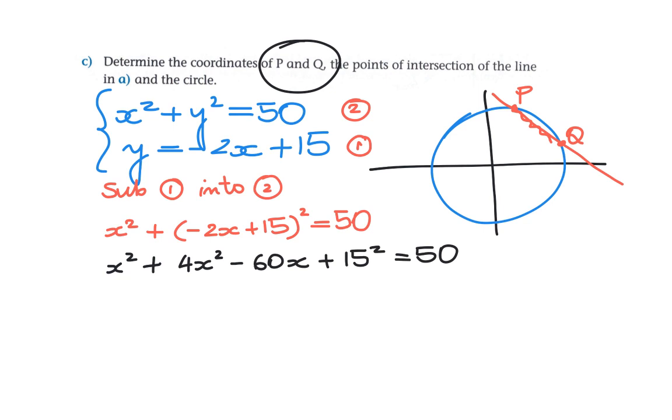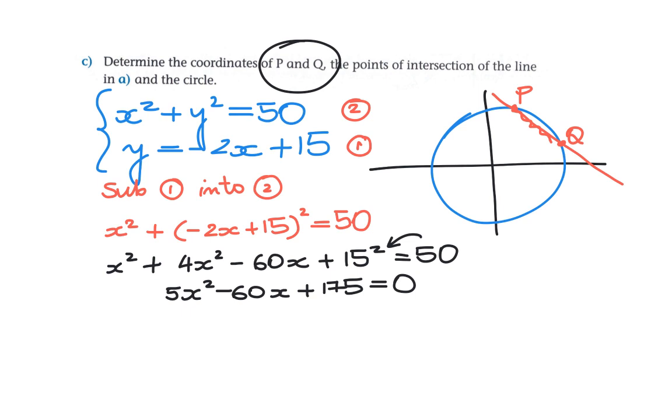Correct? You will then need to take out your calculators and set up a trinomial that we need to solve for x. And your trinomial is 5x squared minus 60x plus 175 equal to 0. So you take the 50 across and simplify.